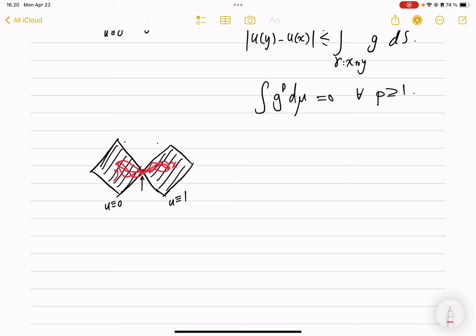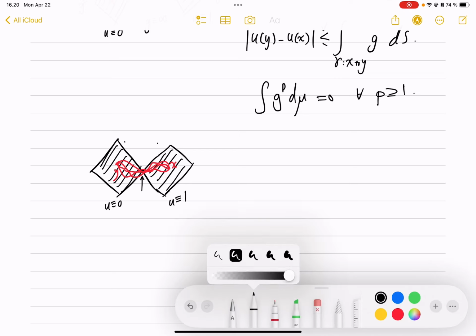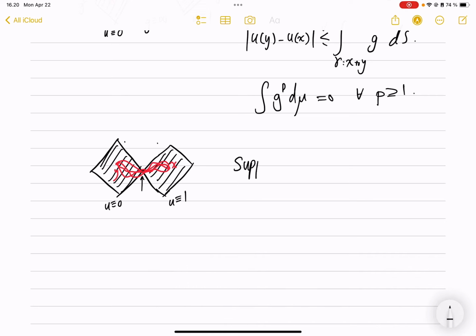And this forces g to be non-zero on a good portion of the space. And this actually, with some calculation, ends up showing that this does support a p-Poincare inequality if p is strictly bigger than 2.